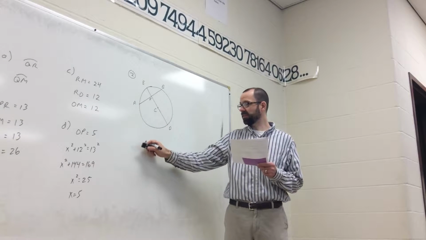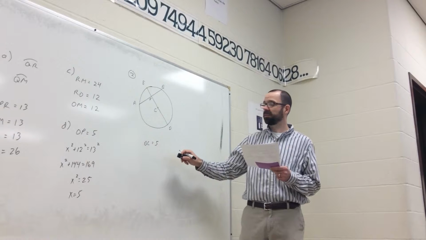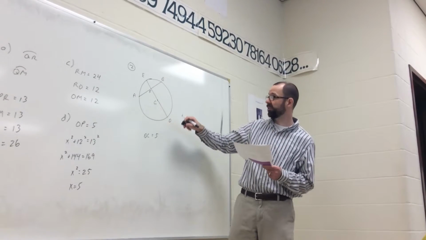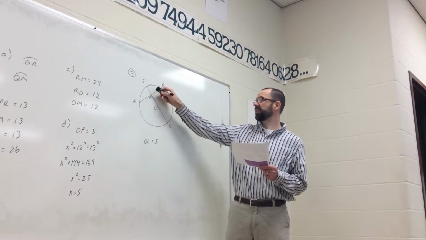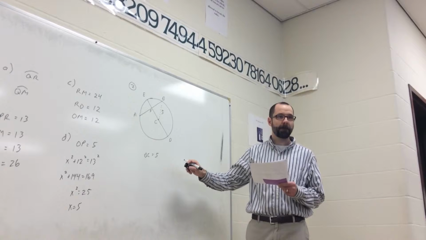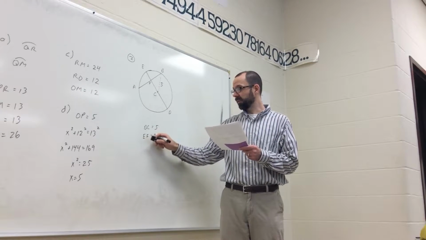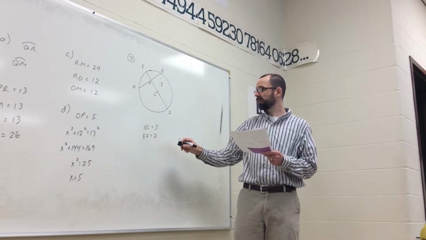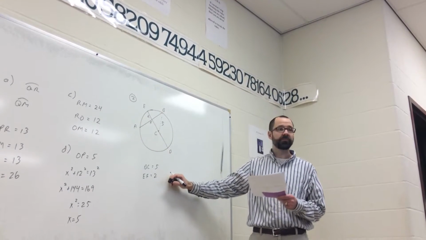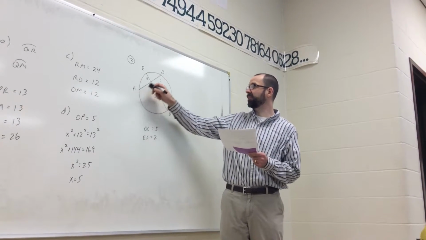All right, here's the information we have. They told us BC is 5. We don't even have that drawn in yet, so I guess go ahead and draw that in. BC is 5. And then they told us EF is 2. So that is 2 in there. And they want us to find how far from A to B.